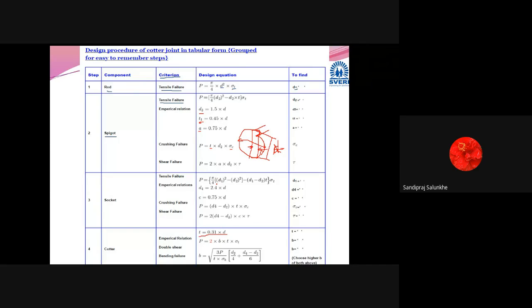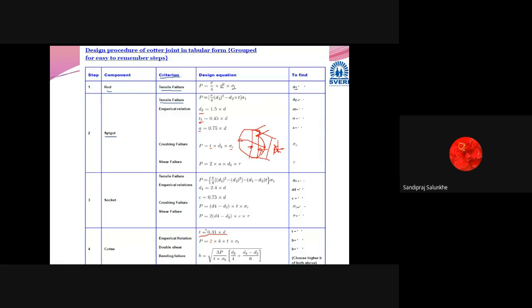I'll repeat. Thickness t is the thickness of that quarter, which you may... Are you able to listen to me? Am I audible? Yes, sir. Right.